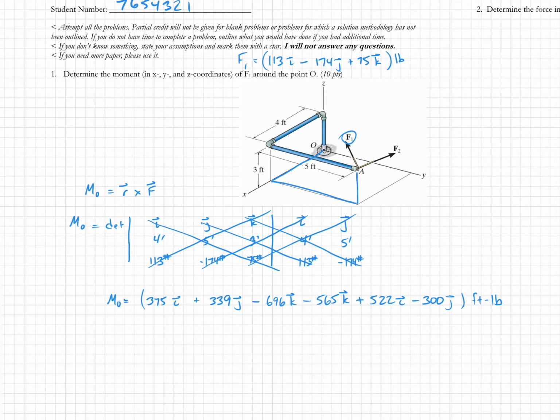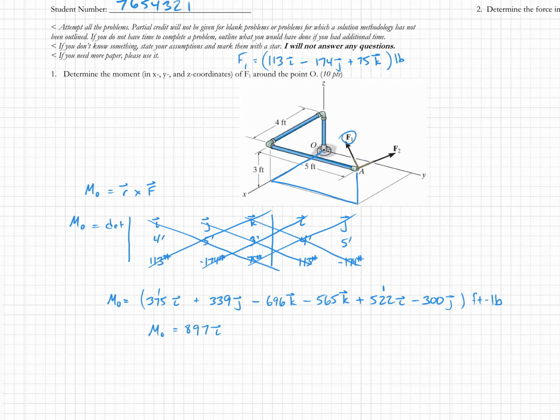So what we're going to do here is gather like terms. M naught equals, in the I direction, we're going to take this I right here and combine it with that one. It looks like my key, which I posted already, has an error right there, but that's okay. 897 in the I direction.